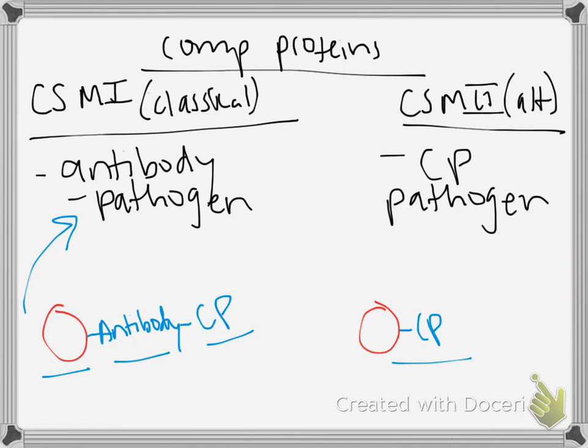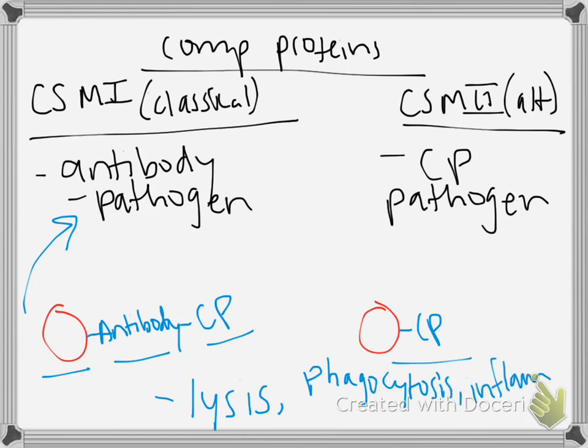So either one of these systems is going to result in lysis, phagocytosis, or inflammation. And we've talked about all those in previous videos and previous examples. So either one of these, regardless of whether it's the first, the classical, or the second system, the alternative, it's going to cause lysis, phagocytosis, or inflammation.